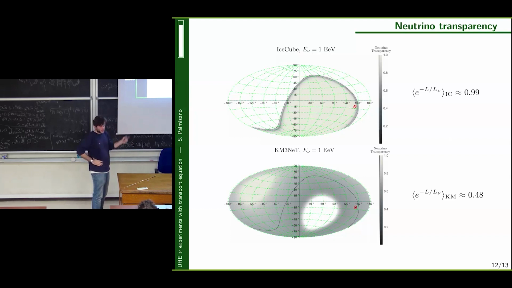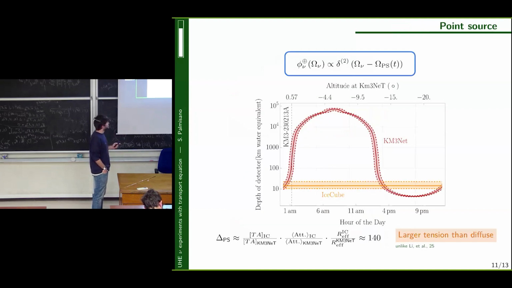On average in a day, it sees a smaller portion of the sky, but with less attenuation. Whereas KM3NeT sees a much larger portion of the sky, although with a higher transparency. But the average transparency in a day is about a factor of 2 that one loses when considering a point source.